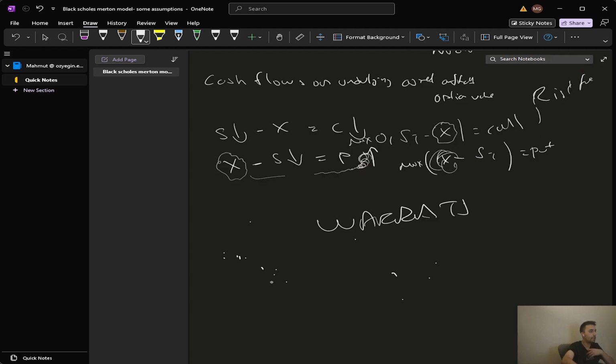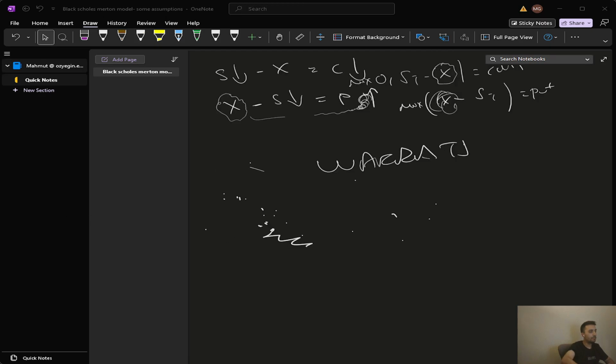The advantage of warrants is that they can be valued as separate call options on the firm's shares. Unlike call options, when investors exercise warrants, investors purchase shares directly from the firm. Maybe this is the disadvantage of warrants.